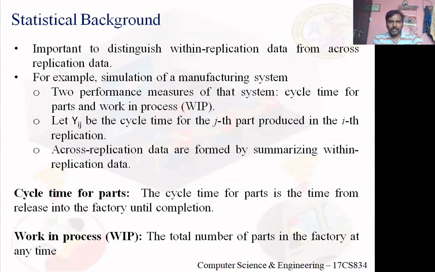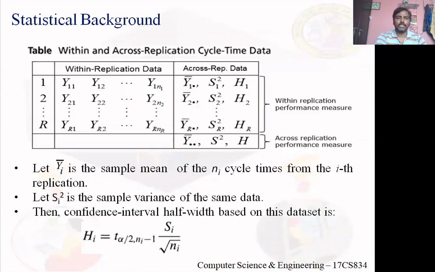Let Yij be the cycle time for the jth part produced in the ith replication. Let me make you understand what Yij is. For example, I'm going to run the banking system 100 times, meaning 100 runs. In general, let it be R runs.